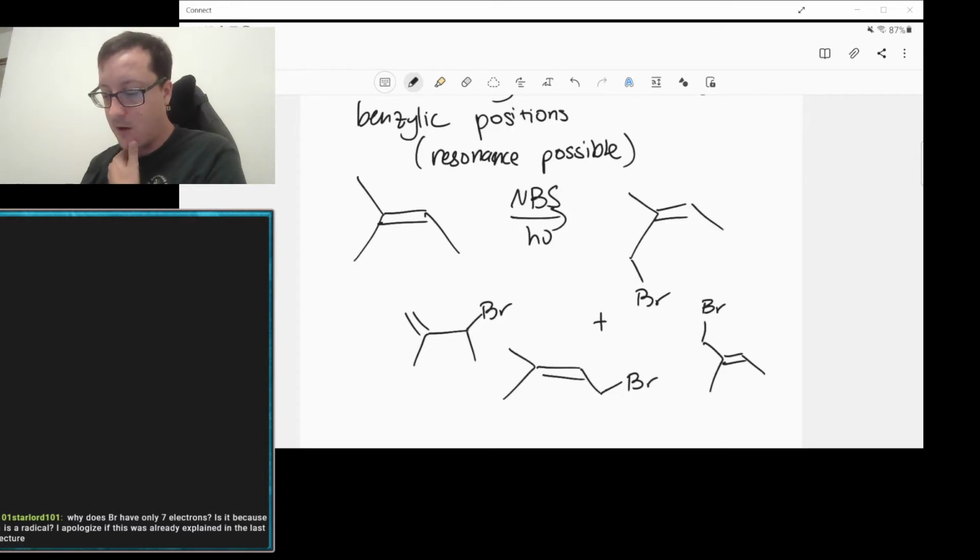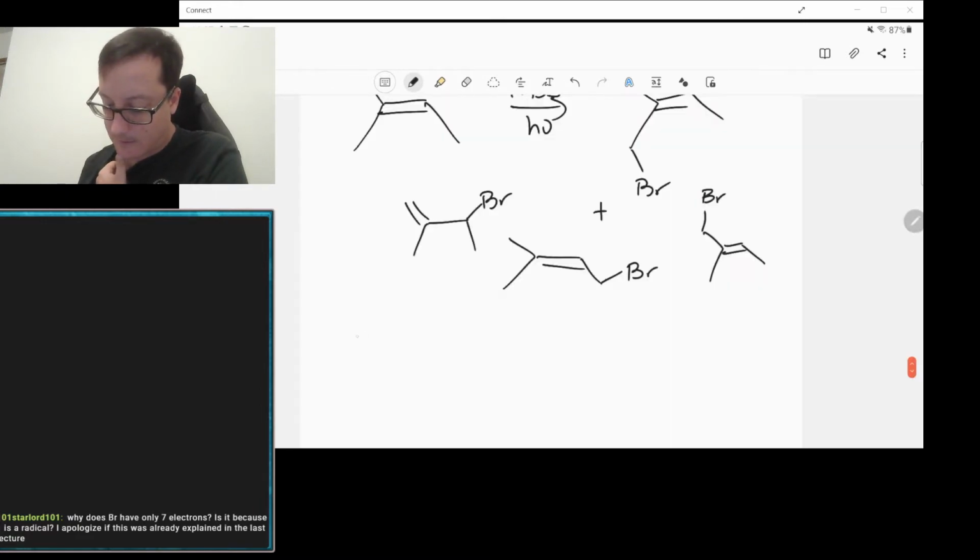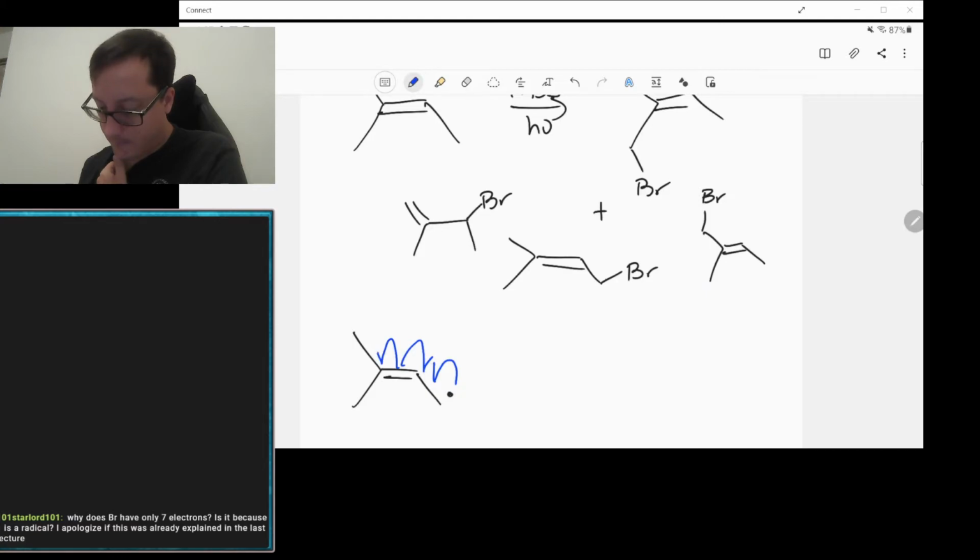So if we have multiple allylic positions, or that allylic position can resonate, because if we look here, say we made that radical there, we can resonate.